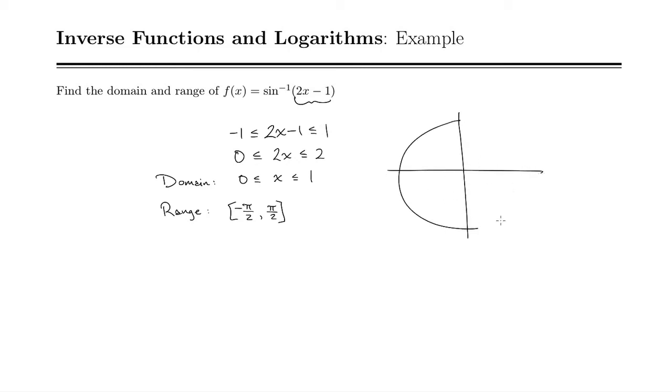We're going to look at the unit circle. Arcsine only gives outputs over here, okay, in this right half. In fact, okay, so that's the range of arcsine of x.